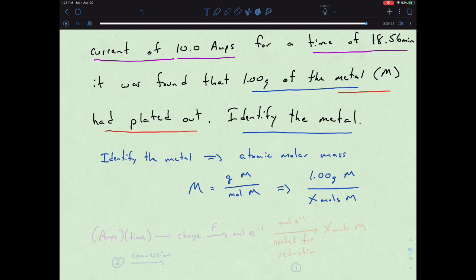So if we come down to, again, we were looking to get to moles of metal here. Well, we could start with our amps and our time, and we can get to charge. And using Faraday's, we can get to moles of electrons.